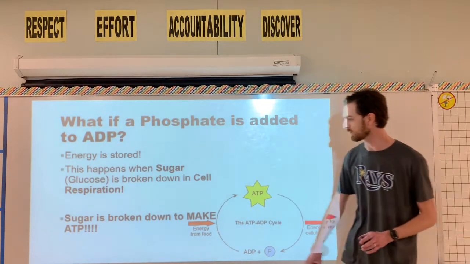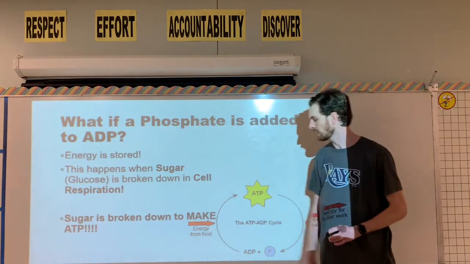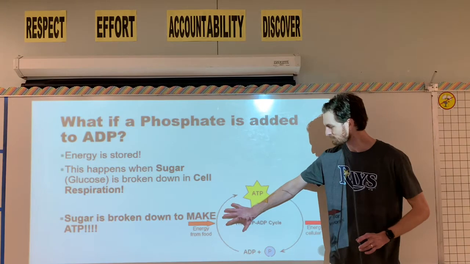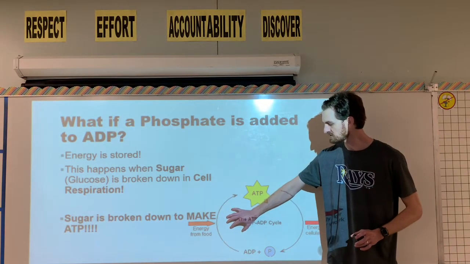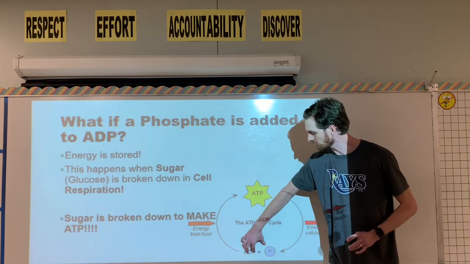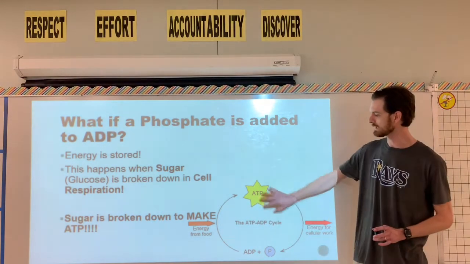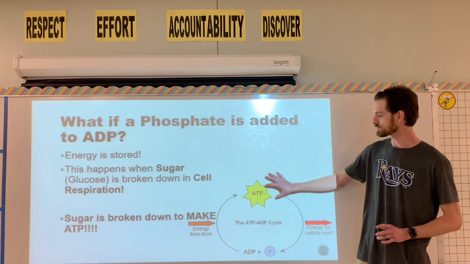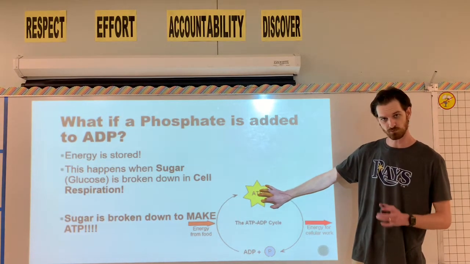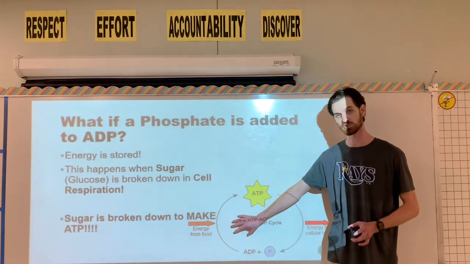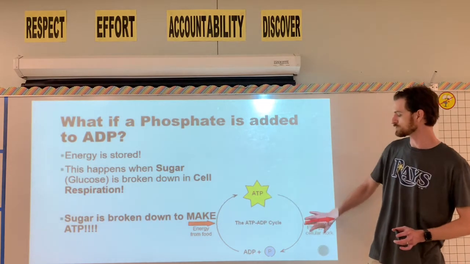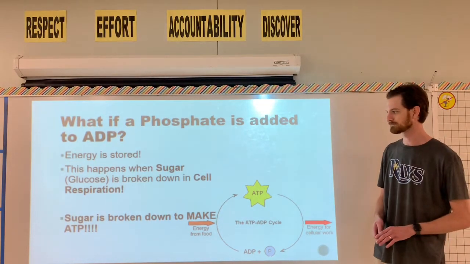Okay, so again, that cycle. I take in the food here, I break that sugar apart. In breaking that sugar apart, I'm releasing energy that I can use in the cell and my mitochondria to convert ADP and a free phosphate group into ATP. That way I can use this molecule, which is much more useful for the cell than just a random sugar molecule, to do any cell functions or work.